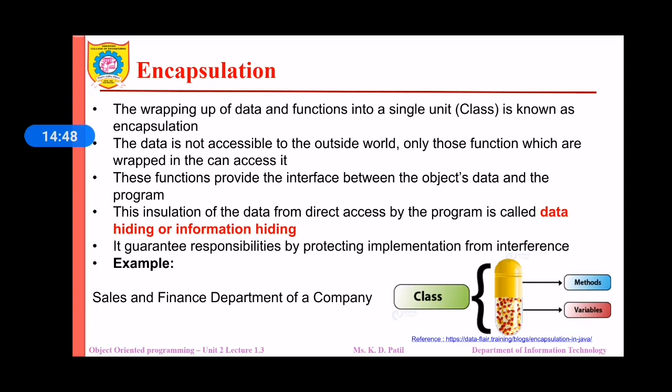So likewise, the data will be accessed through the member function of the class only, and that is data hiding or information hiding. Abstraction is declaring that member function, without the user knowing the implementation.